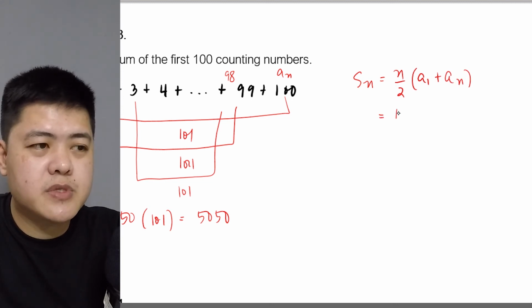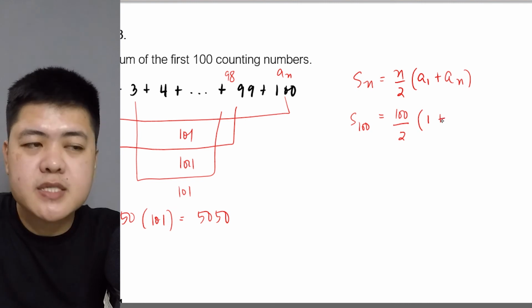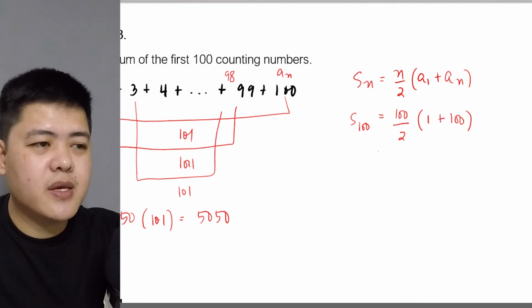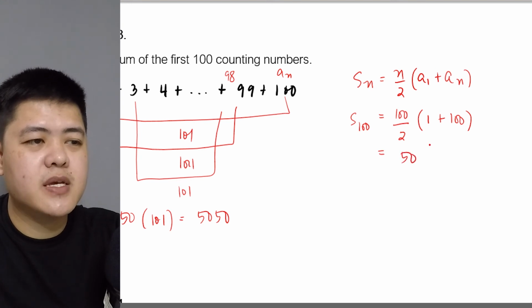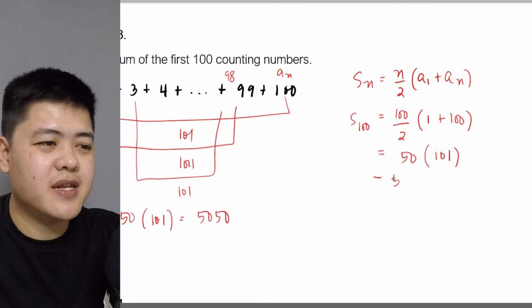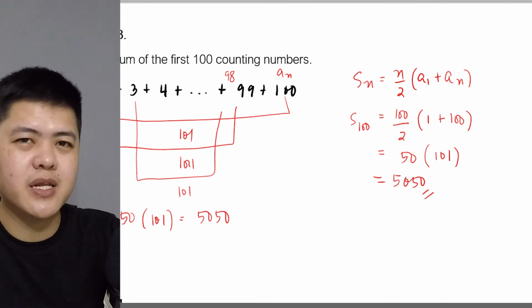There are 100 terms, 100 over 2. So, this is S sub 100 times a sub 1, which is 1, plus a sub n, which is 100. And this is equivalent to 50 times 101, which will give you 5,050. Okay, so ganun nakuha. Ganun Carl Gauss, no?